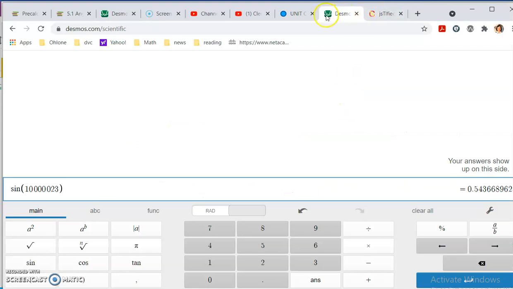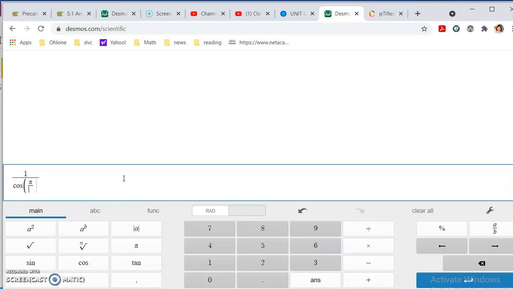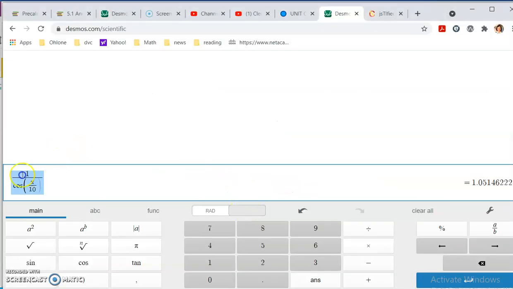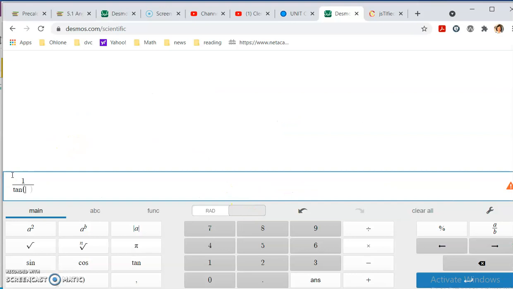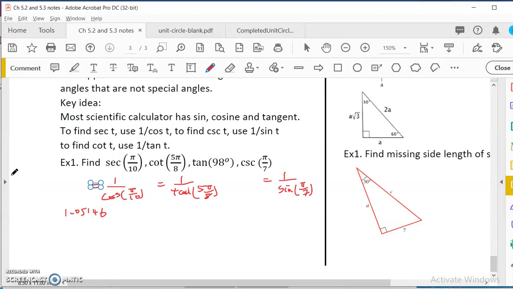So pi over 10, 1 over cosine. So let's do, this is radian. 1 over cosine of pi over 10 is 1.05146. 1 over tangent of 5 pi over 8, right?